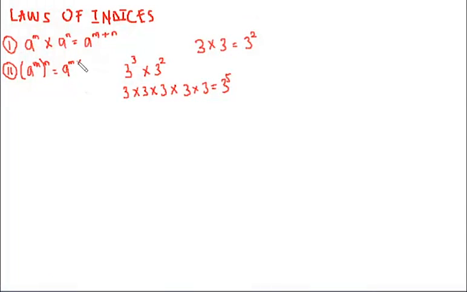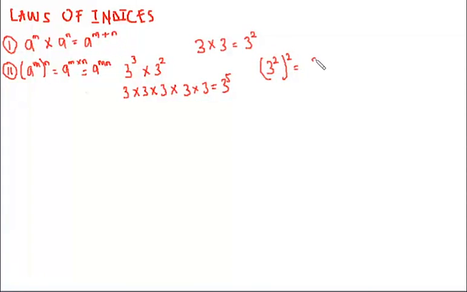So I'd have M times N. The result would be A to the power of MN. An example of this would be, say you have 3 raised to power 2, and then you have a power of 2 outside the bracket.